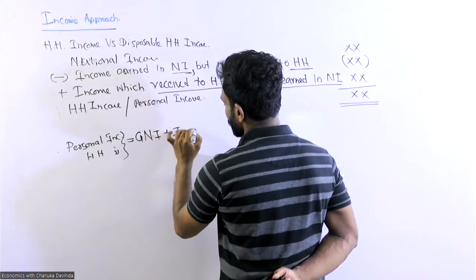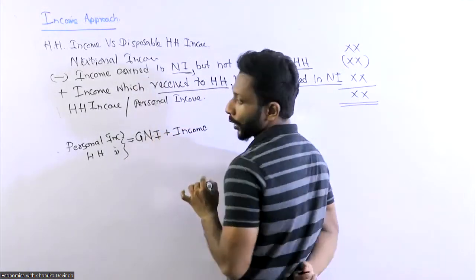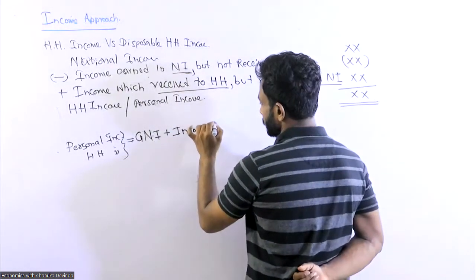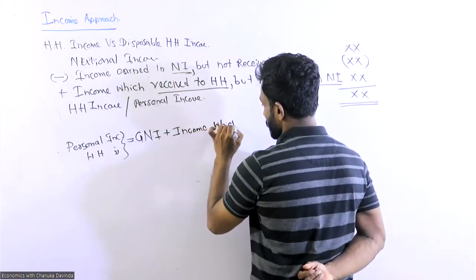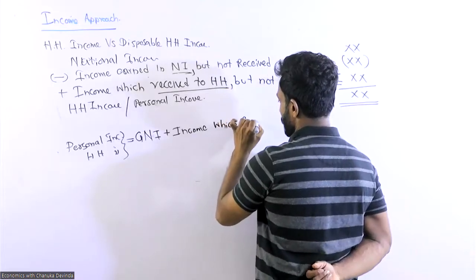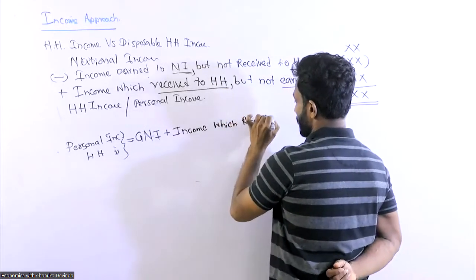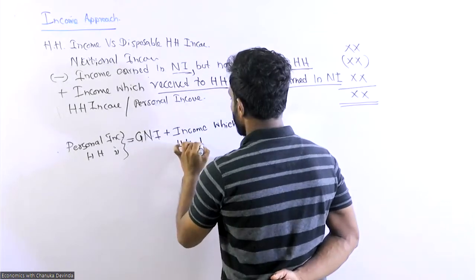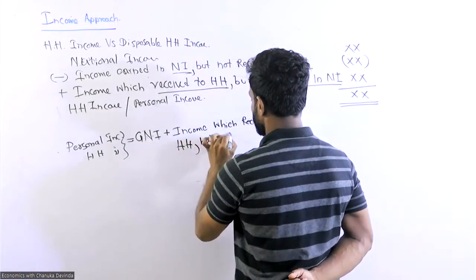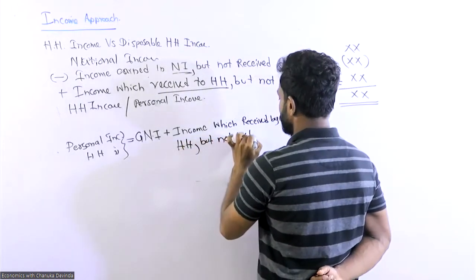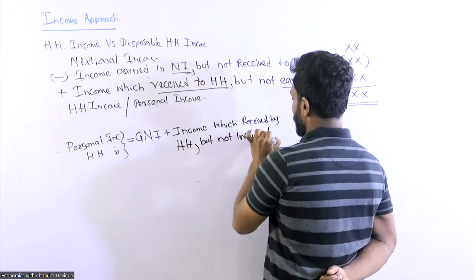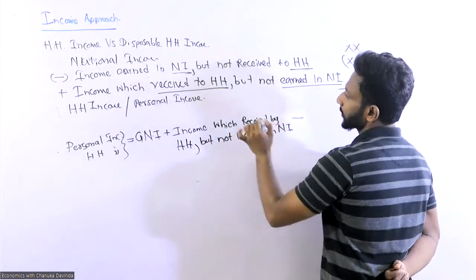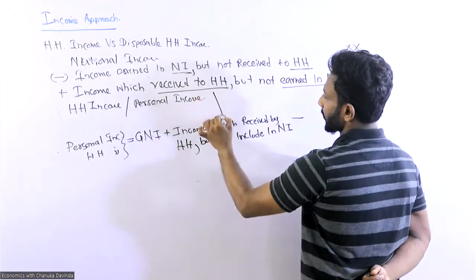Income which is received by household but not included in national income, minus, so that is this one.